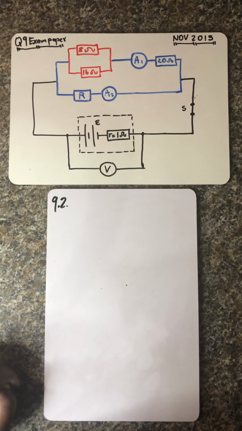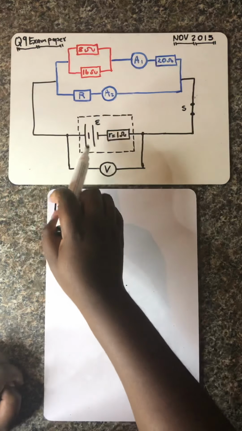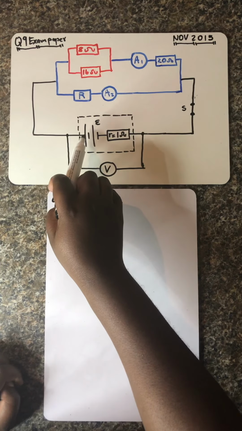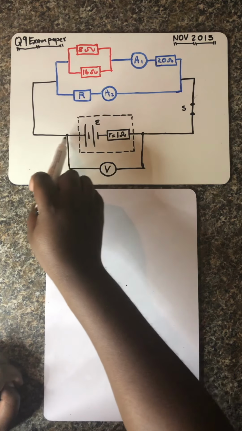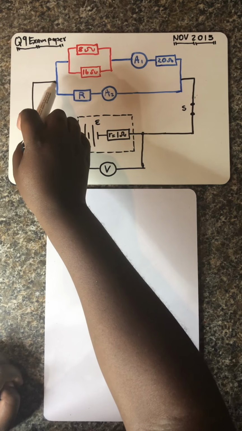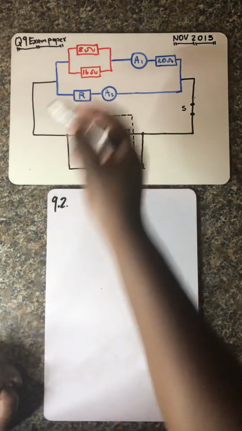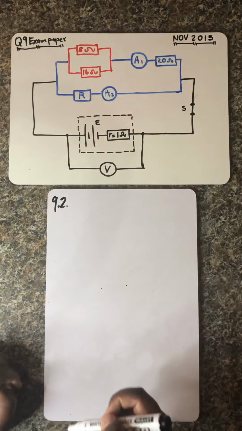You should know that the current flows, remember, from positive to negative, so that means the current will go in that way. When it gets there, it splits. The one current will flow in that direction and the other current will flow in this direction.